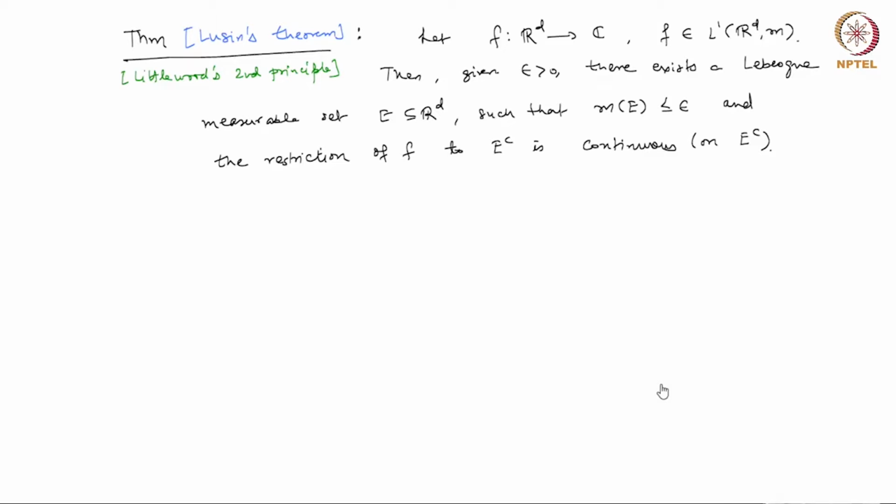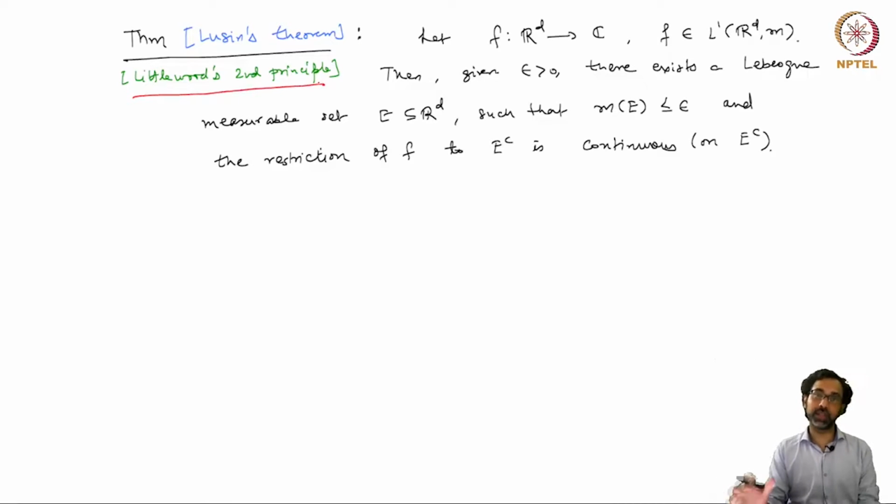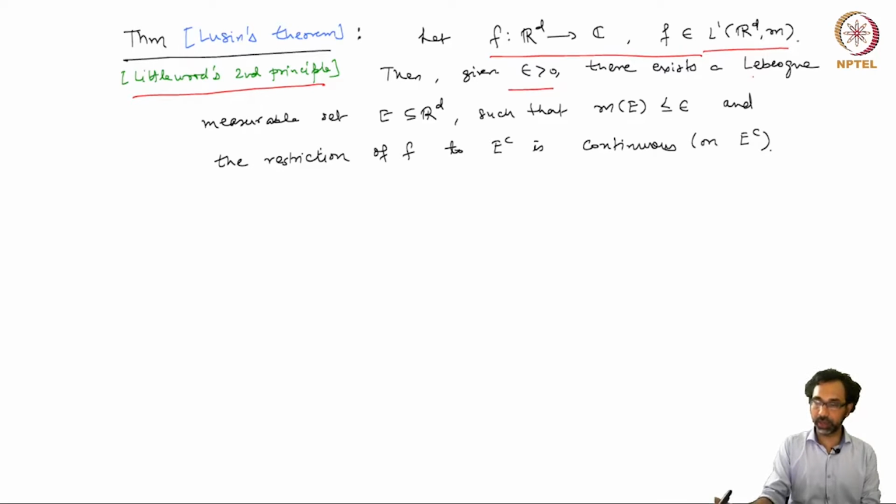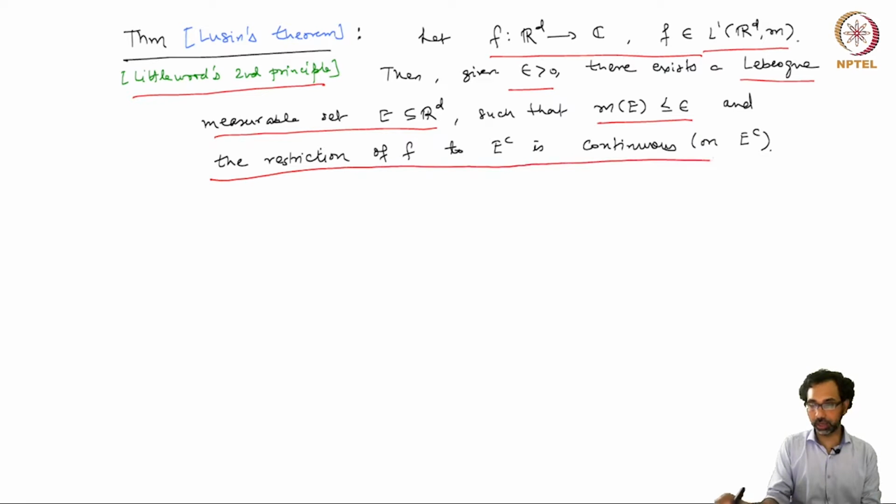Now we come to Lusin's theorem. As I mentioned before, this is Littlewood's second principle, the precise version of Littlewood's second principle, and the statement is that if f is a complex valued L1 function on Rd, then given any epsilon greater than 0, there exists a Lebesgue measurable set E such that the measure of E is less than or equal to epsilon, and the restriction of f to E complement is continuous on E complement.